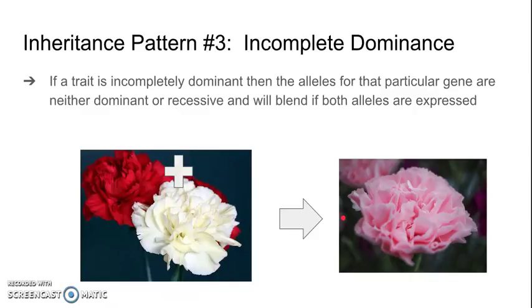Moving on to our third inheritance pattern, which is sometimes similar and can be confused with codominance, is called incomplete dominance. What we see here is that the alleles that code for a particular trait will not be dominant or recessive, but will create a blending effect in the offspring when they are expressed together.